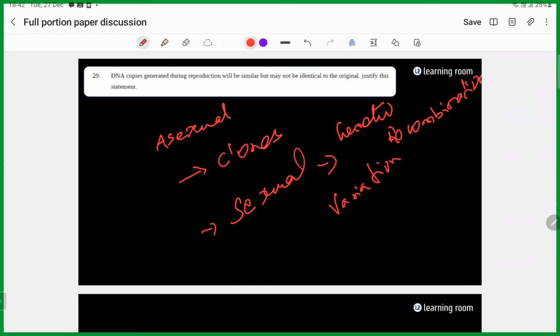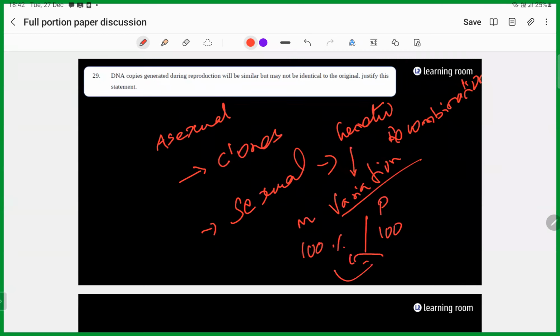Genetic recombination. Because of that shuffling, the progeny may show different characters than the parents. The progeny are not 100% maternal DNA, neither 100% paternal DNA; it is shuffled.